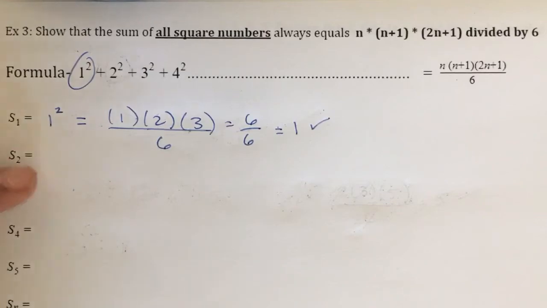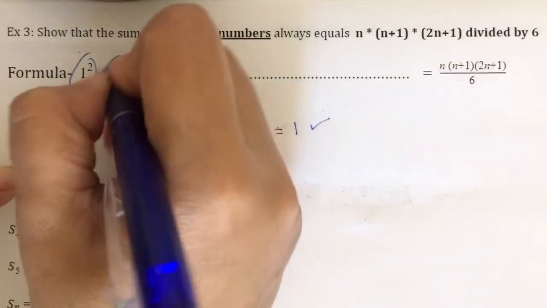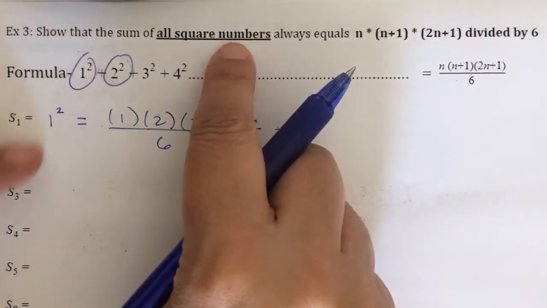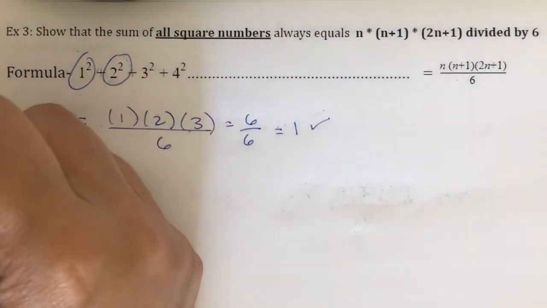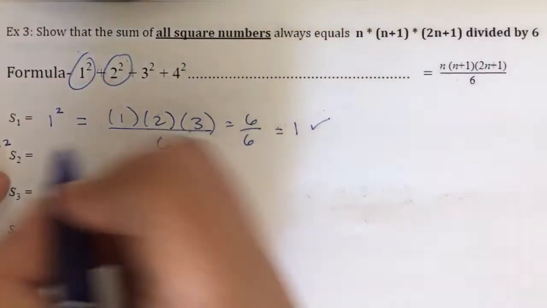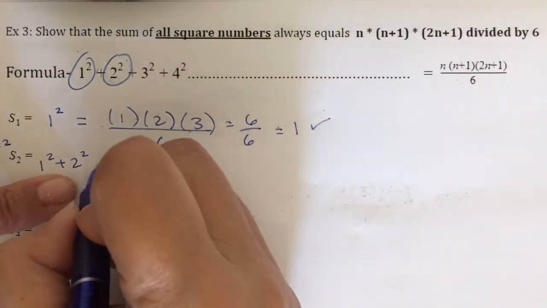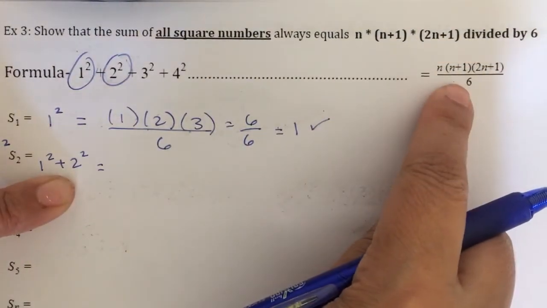Okay, now let's try if n equals 2. That means you take the first 2 square numbers. So 1 squared plus 2 squared. Does that equal the other side if I plug in n equals 2?